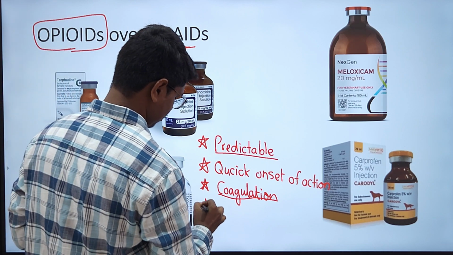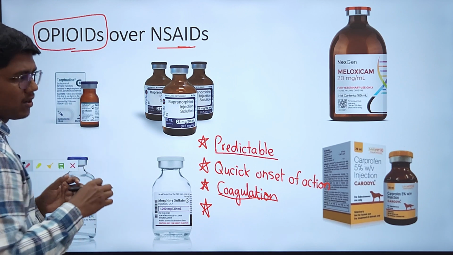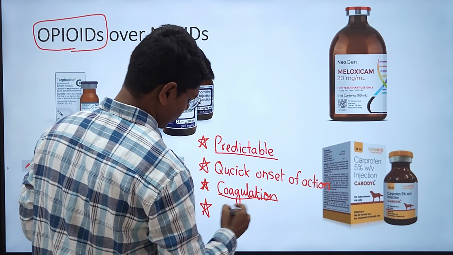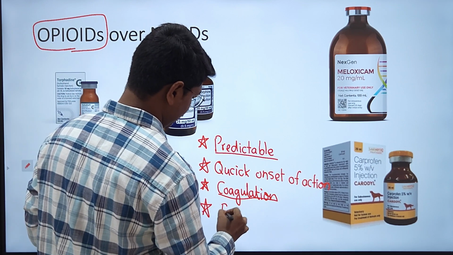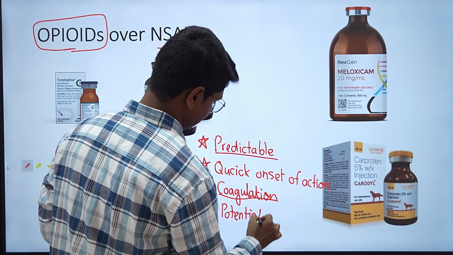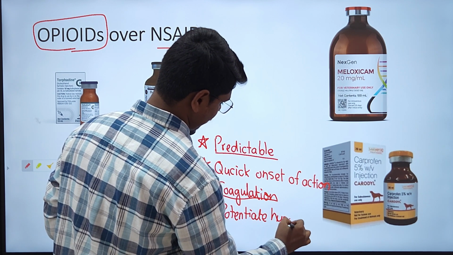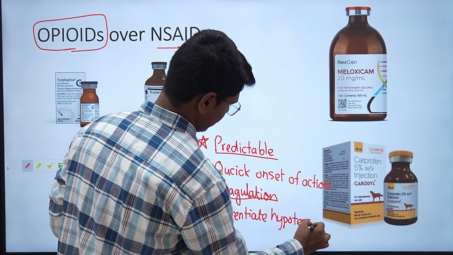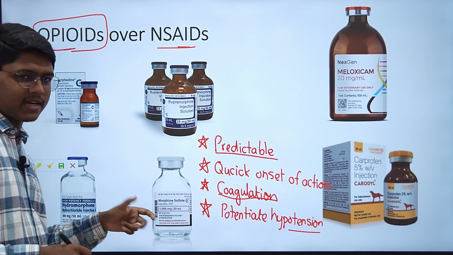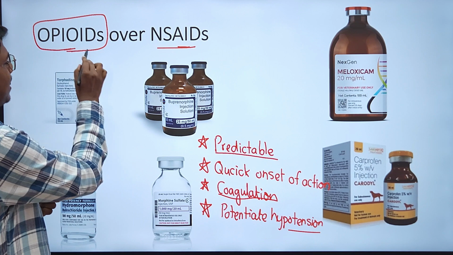Next, apart from coagulation, butorphanol or buprenorphine, whatever opioid you are using, do not potentiate hypotension, while NSAIDs can.